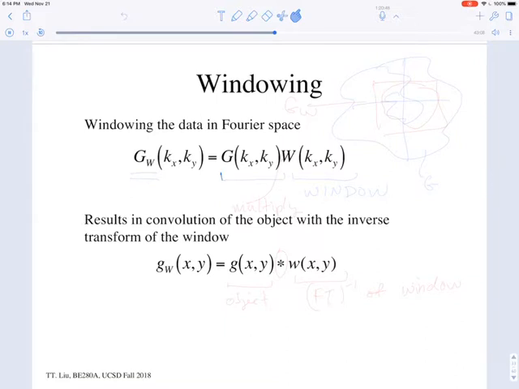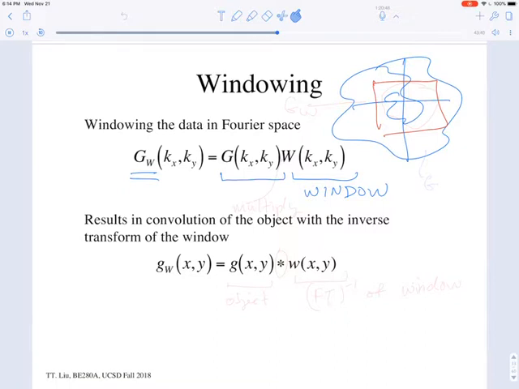This is what you could acquire if you had all the time in the world. This is the ideal Fourier transform. And this is what we call our windowing function, or a window. That's going to limit how much you can acquire. So what we actually acquire is not G, but G sub W. For example, if the Fourier transform was like this, we might just say we're only going to acquire it within some window.